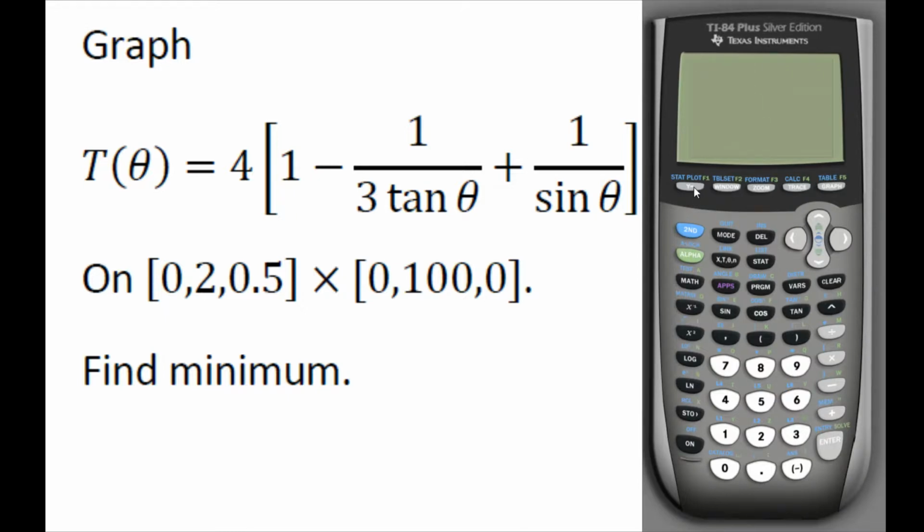Next, we enter the function. We enter exactly like it is. So we have 4 times, we use alpha y equal to get a fraction. 1 divided by 3 tangent theta. I use x instead of theta.